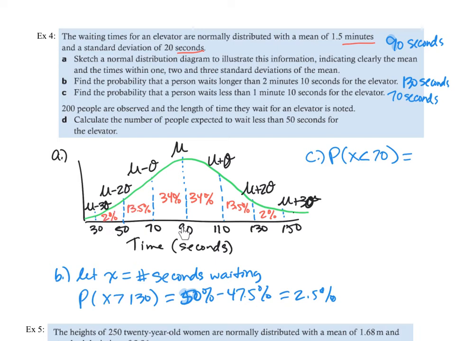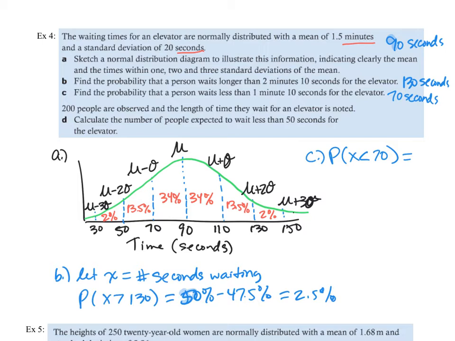So if we look at the right half of the data, remember the right half is a total of 50%. So we'll take 50% and subtract this 34%, and that's going to leave us with this area, which represents the probability of a person waiting less than 70 seconds.